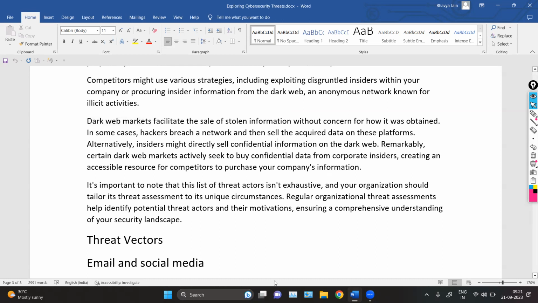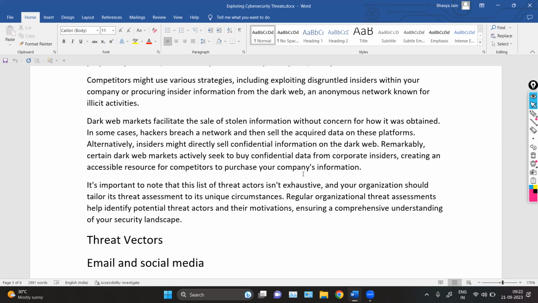Alternatively, insiders might directly sell confidential information on the dark web. Remarkably, certain dark web markets actively seek to buy confidential data. For example, the Coke company can also purchase the data of the Pepsi company which is being sold on the dark web. So that is also possible. Companies can also purchase the data of other companies on the dark web.